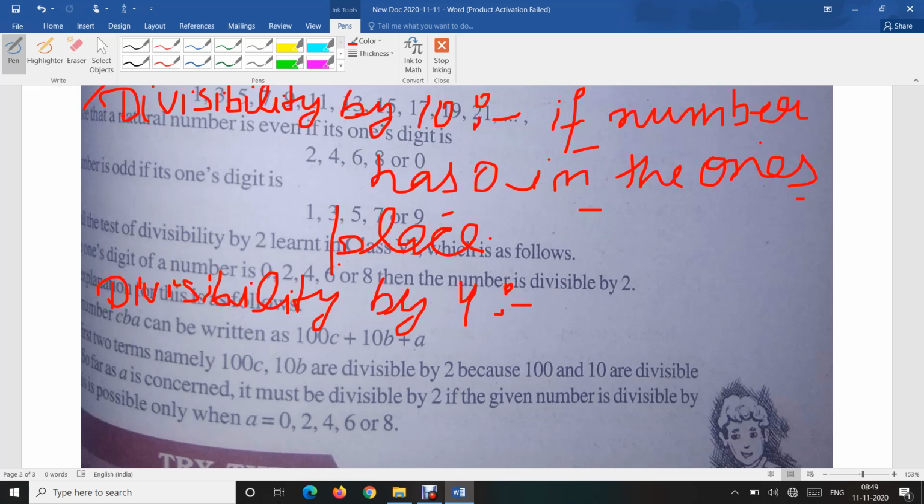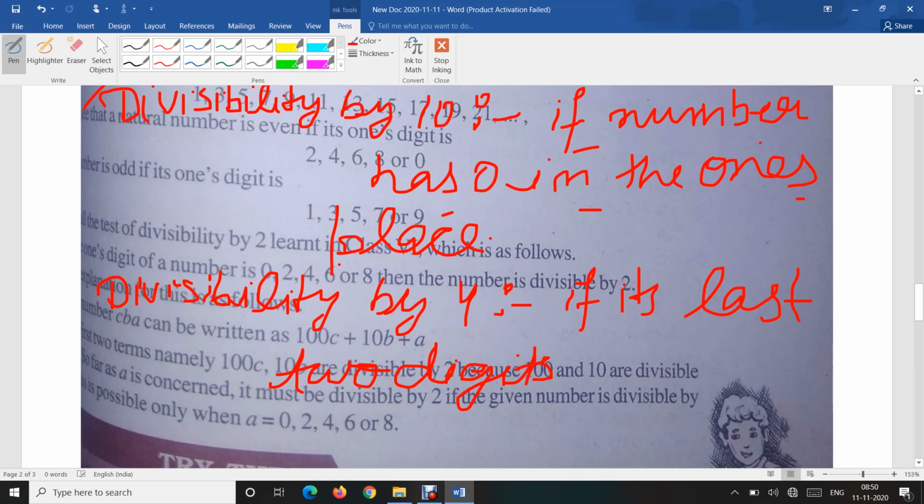See, a number is divisible by 4 if the number formed by its last two digits is divisible by 4. See, focus on this line.